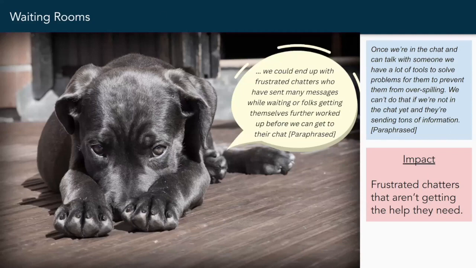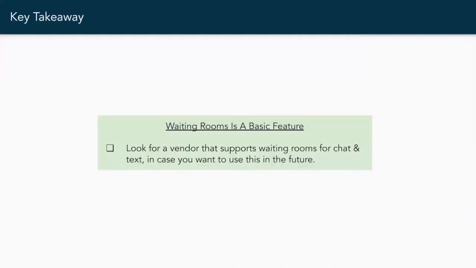So basically, it can be really challenging to make sure that survivors are able to get the support they need in a timely way, to prevent them from further escalating or oversharing beyond what they intended, or what you can help them with in one crisis chat interaction.